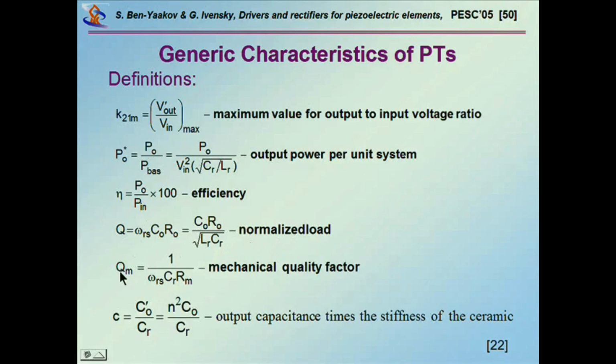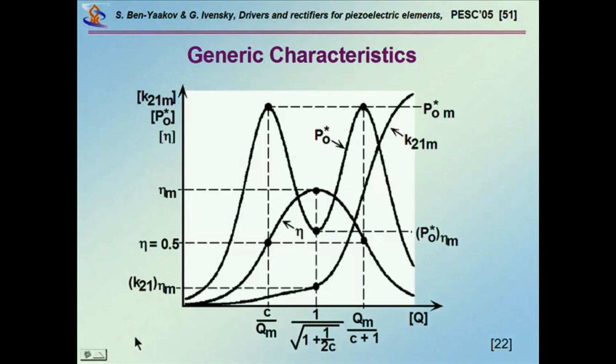QM is the quality factor of the mechanical part, and then C, small c, is the ratio between the reflected output capacitor and the resonant capacitor. Now, using these normalized parameters, we can get something very nice, which is representing all transformers.